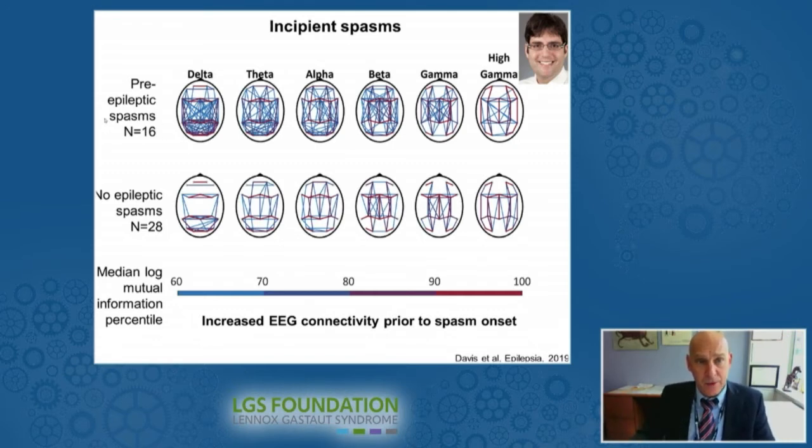And you can see that in every frequency band, delta, theta, alpha, beta, and gamma, and even high gamma, there is an increased connectivity in pretty much all regions prior to the onset of spasms, as compared to 28 kids here below who did not develop spasms. So this was normalized data that was cleaned.